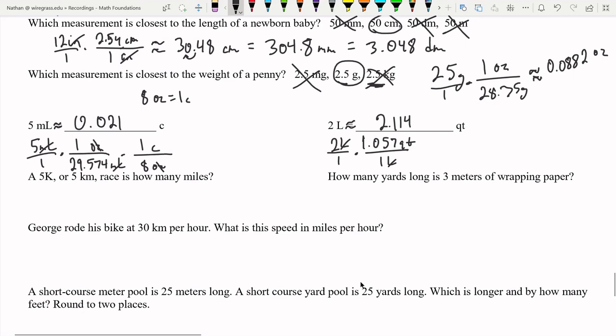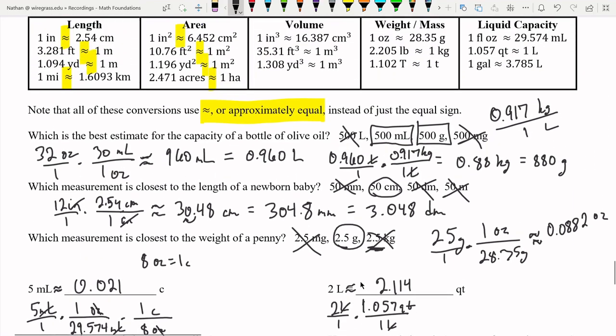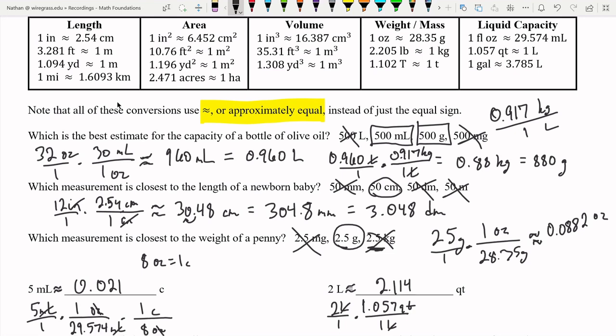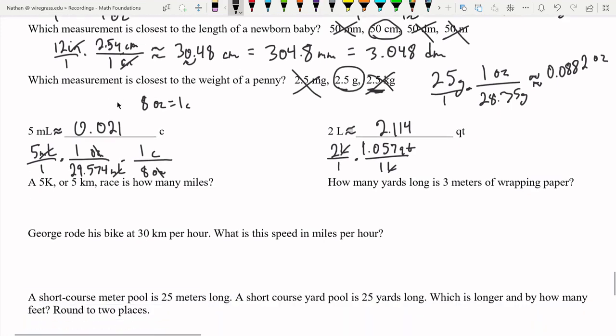Okay, 5K or 5 kilometer race is how many miles? So if I go up here, I can see that I have 1 mile is 1.6093 kilometers. A mile is about 1.5 times as big as a kilometer, approximately 1.6093.